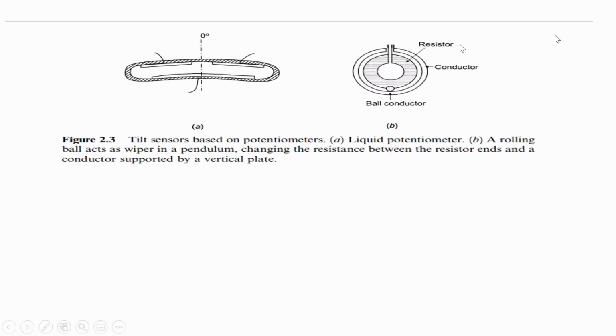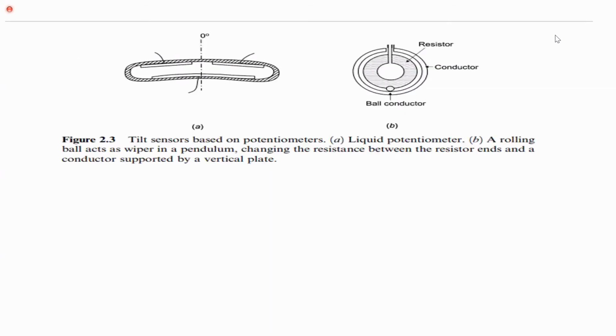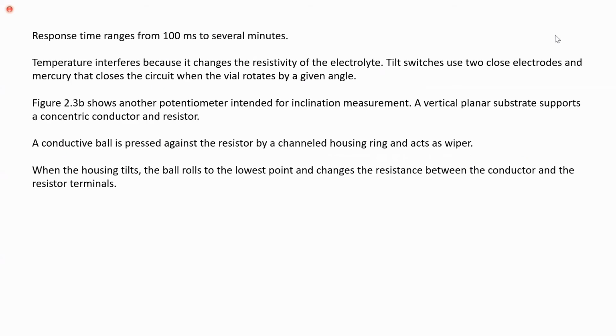And here we have potentiometers to find out the angle of inclination. The first one is chemical based, that is the liquid potentiometer, and the second one is the pendulum based rotating ball potentiometer. Response time ranges from 100 milliseconds to several minutes for the liquid potentiometers.